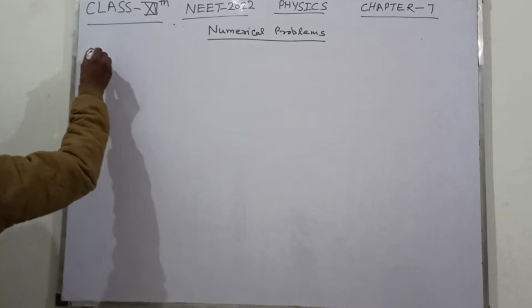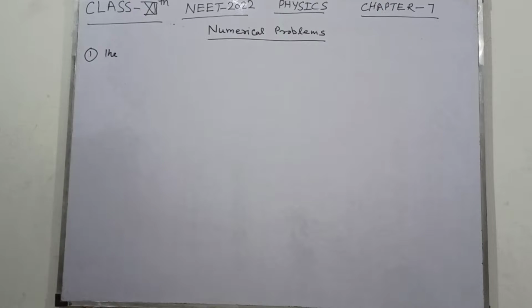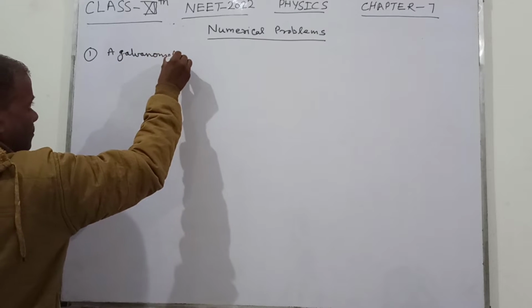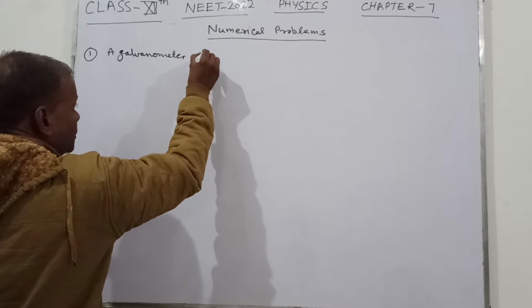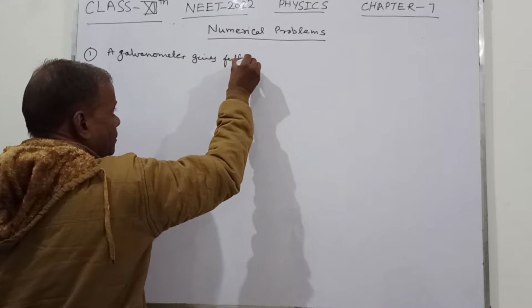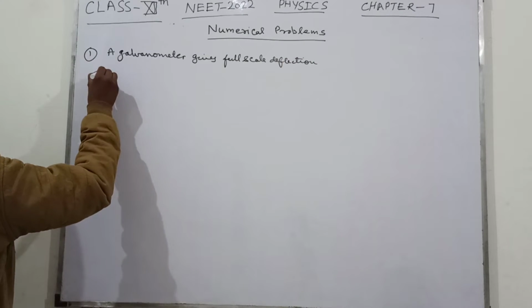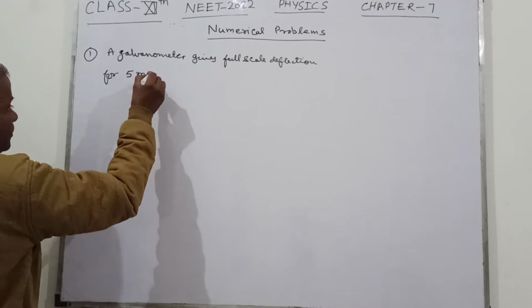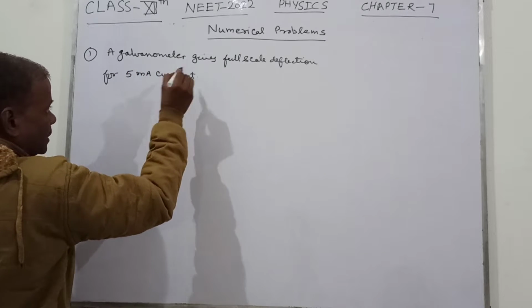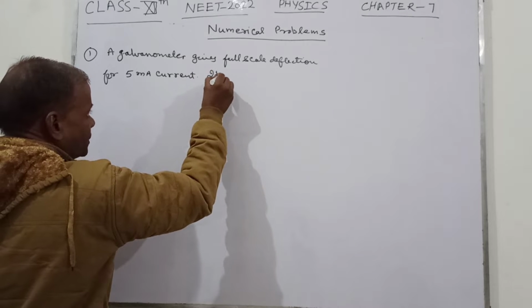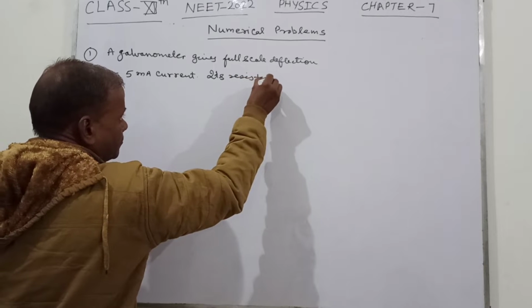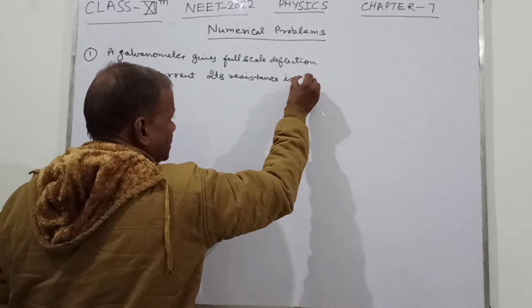So first: a galvanometer gives full scale deflection for 5 milliampere current. Its resistance is 99 ohm.